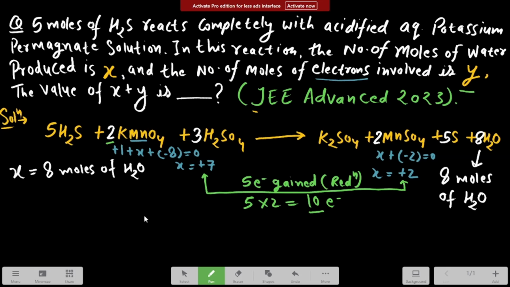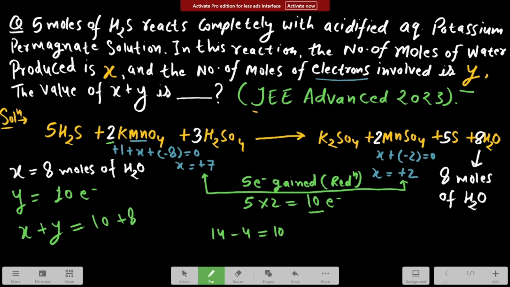So 10 is our Y, Y equals 10 electrons, and the answer will be X plus Y equals 10 plus 8 equals 18. So our final answer will be 18.